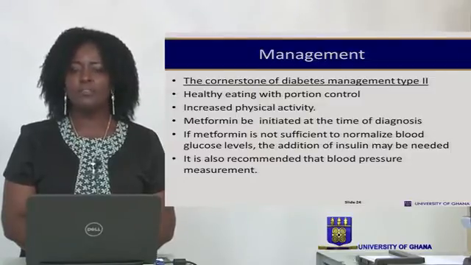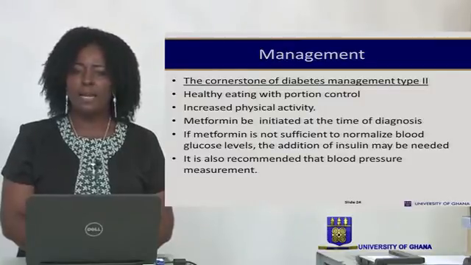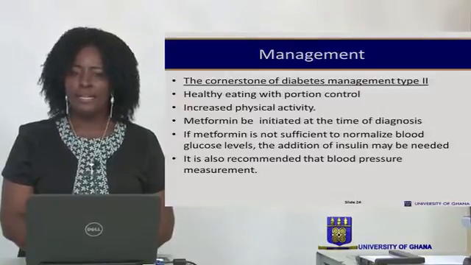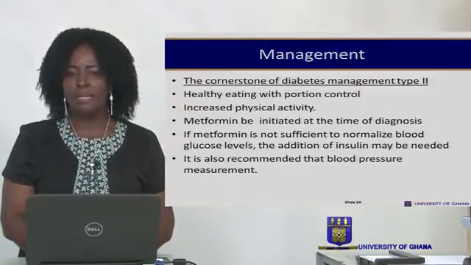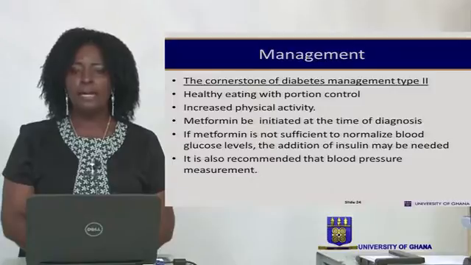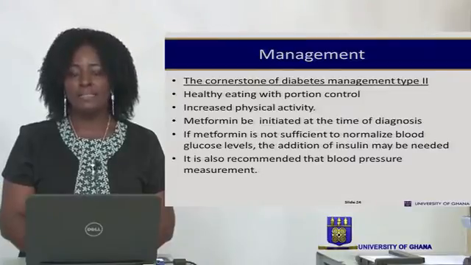So the first line drug is metformin. However, in cases where they don't do well on metformin, there may be the need to add insulin injection. So it's very, very important that we nurses are aware of these things. And also, it is recommended that we check the blood pressure, because sometimes there may be an underlying hypertension.